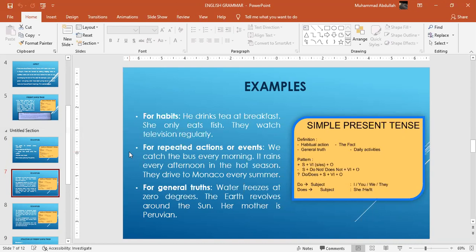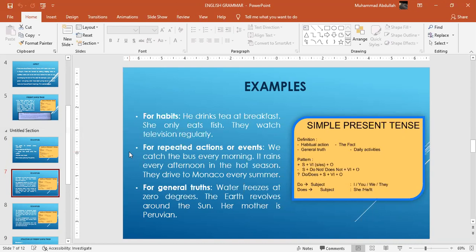It rains every afternoon in the hot season. This is again a repeated event expressed in present simple tense. And they drive to Monaco every summer. Again, it's a routine or repeated action. So present simple tense covers all such actions.